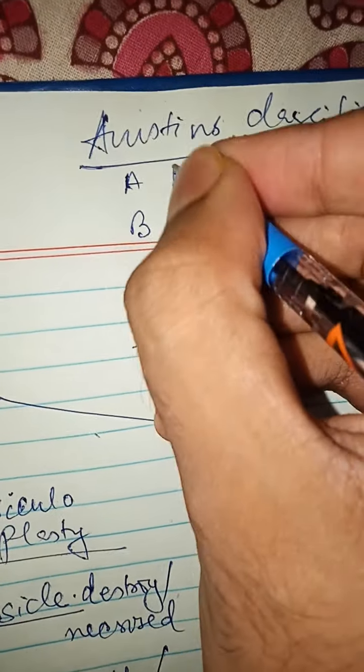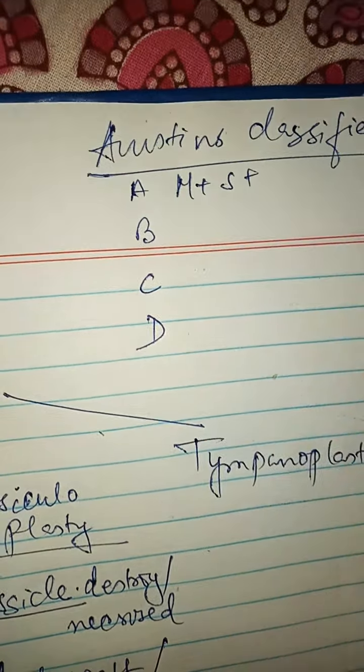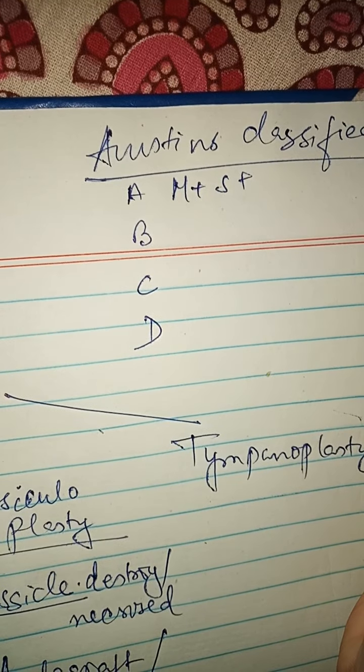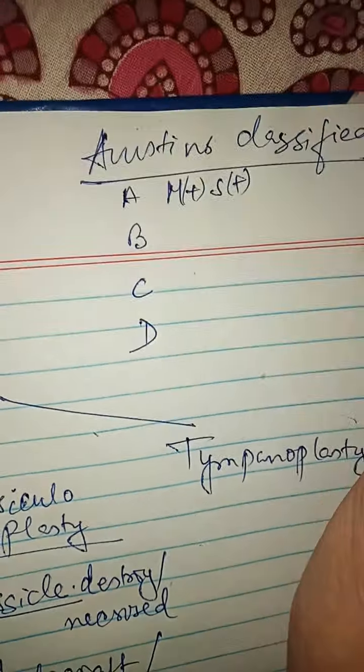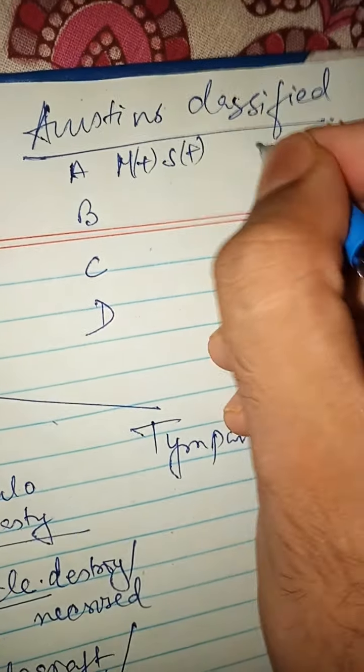So what is type A? When malleus and stapes both are present. Both the handle of malleus and the stapes superstructure are present, then incus is absent.